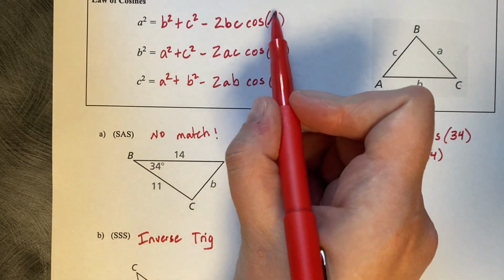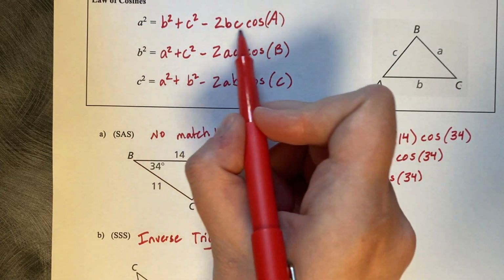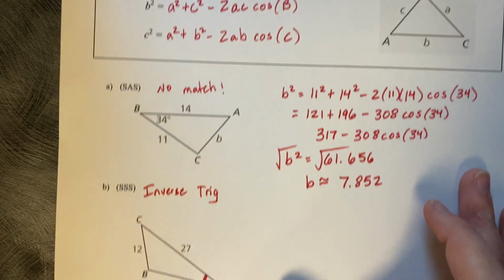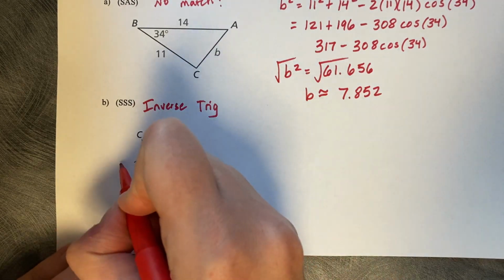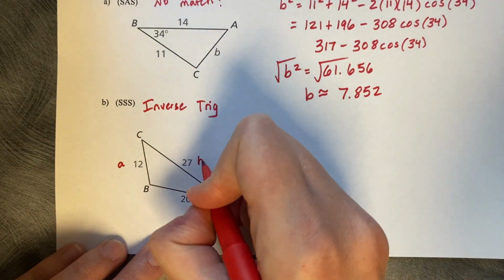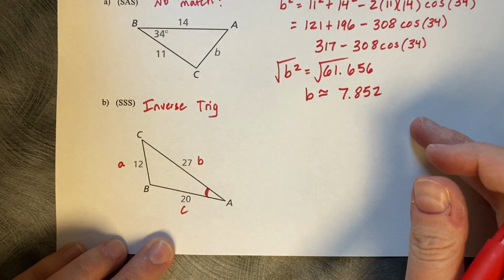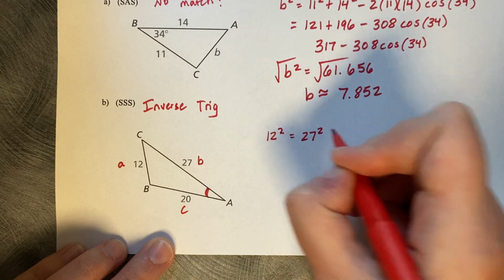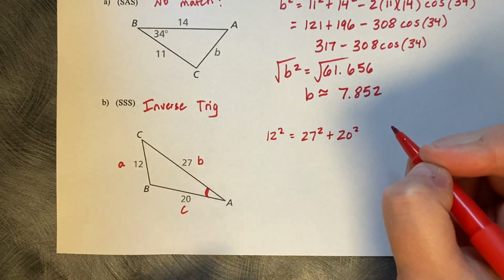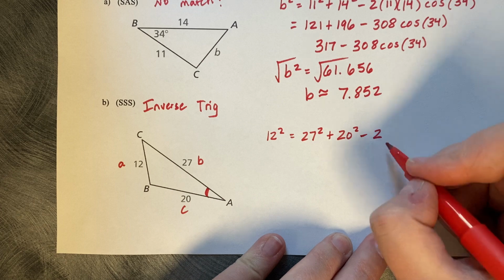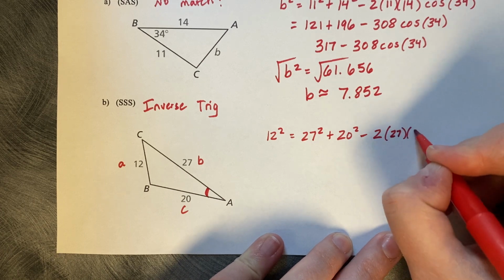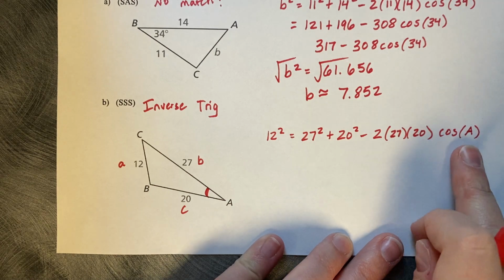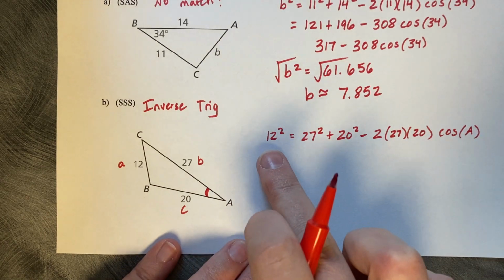We want to use the one that's going to calculate angle A. So we're going to use this first one, A squared, B squared, C squared, and the cosine of A. So then this would be A, this would be B, and this would be C. So then we've got 12 squared equals 27 squared plus 20 squared minus 2 times 27 times 20 times the cosine of A.